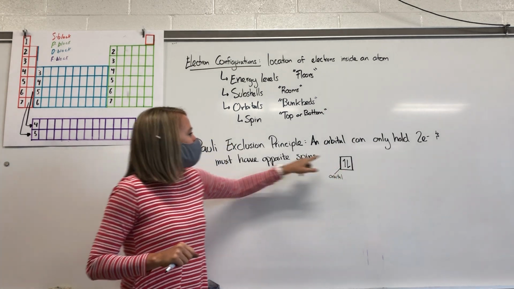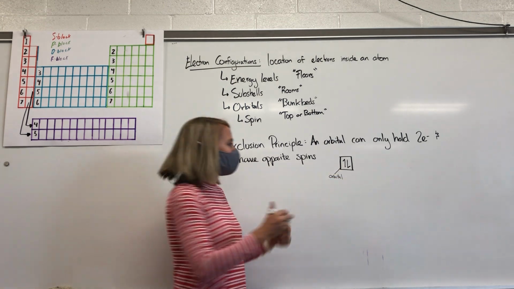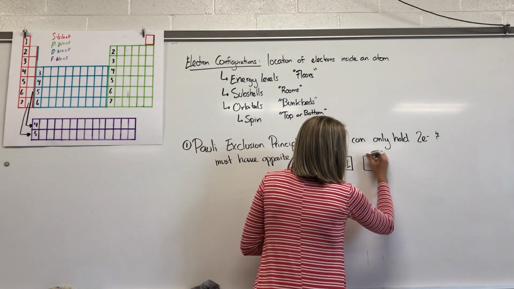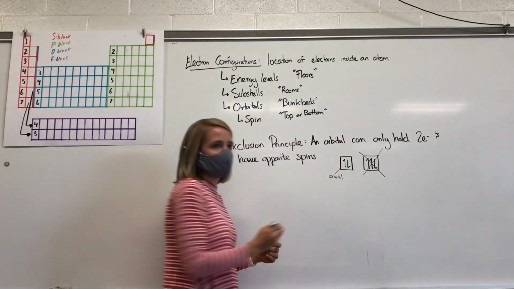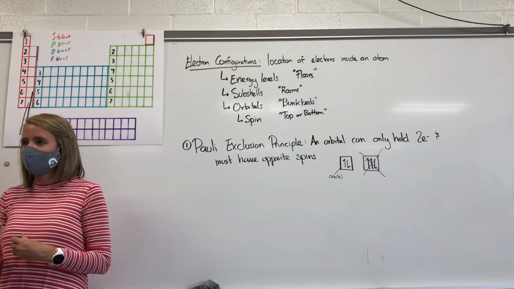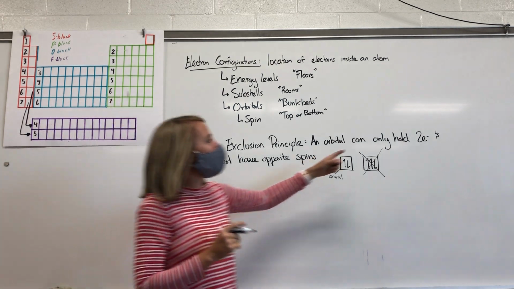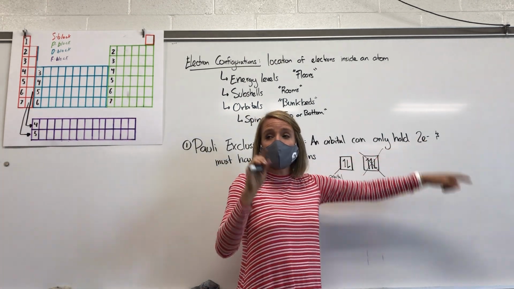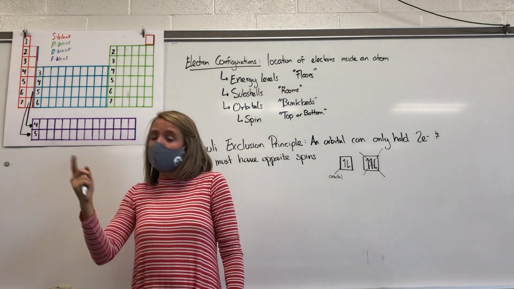So this is what Pauli's principle tells us. Two electrons, you can't fit three. So you could never have this. That'd be a big no-no. Can't have three in an orbital. Notice it says up to two, so you could have one. The bunk bed doesn't have to be filled. You can't overfill it.